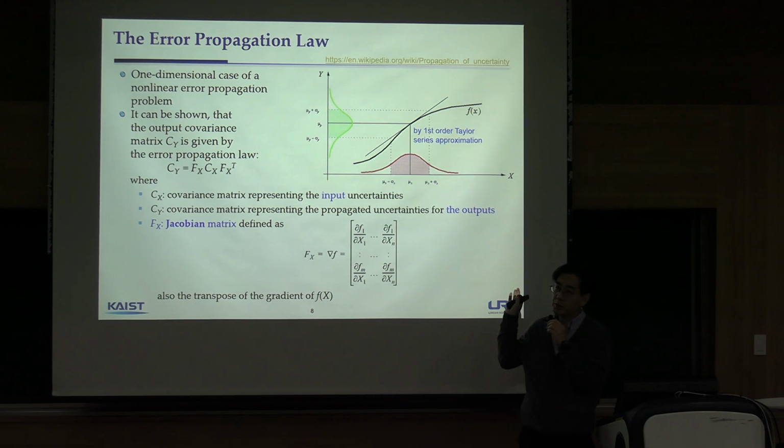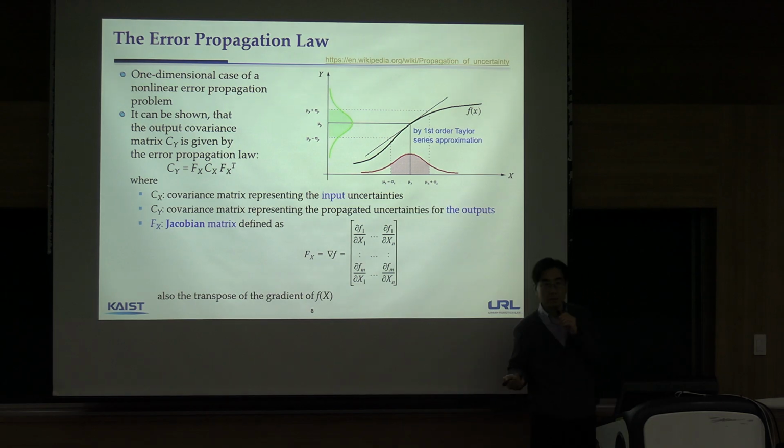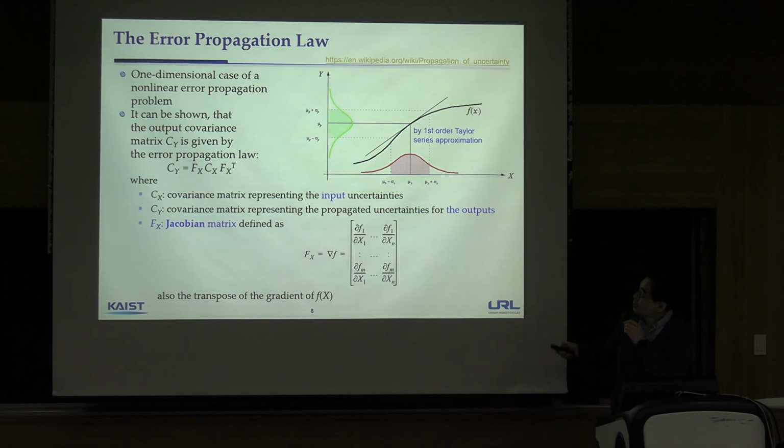You may already know about this one. If you have learned engineering mathematics, you already know it. You can also visit the Wikipedia page on propagation of uncertainty. If you have the probability distribution of the variable x, and y is a function of x, which is very nonlinear as you can see, this uncertainty will be propagated to y based on the Jacobian.